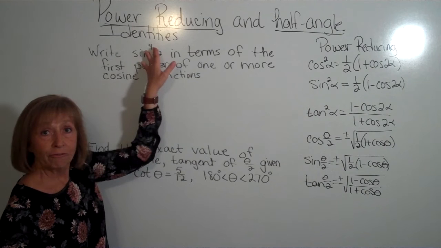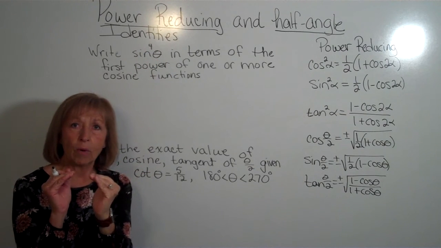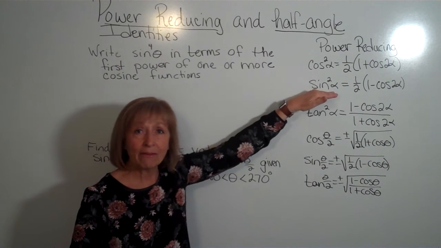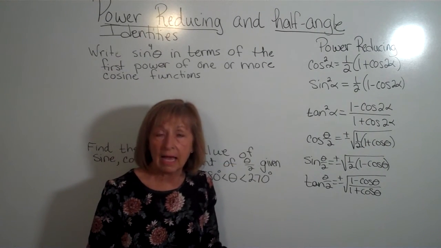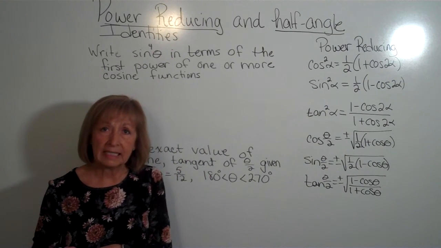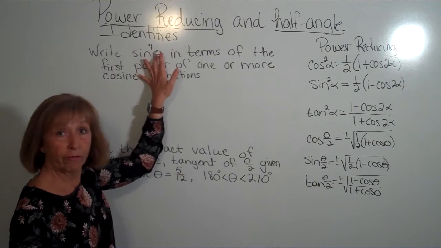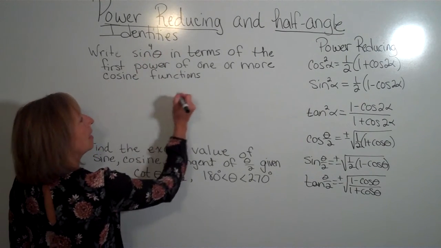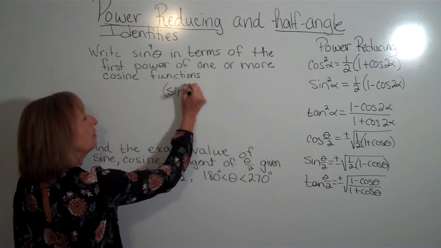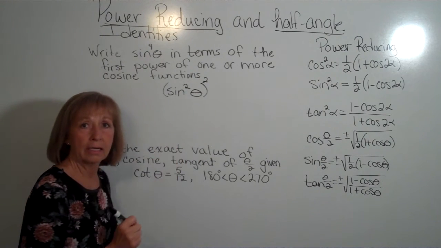Well, this is sine 4th theta, and remember that means sine theta quantity to the power 4. Now I don't specifically have one where I replace for the sine quantity to the power 4, but that exponent of 4 is an even exponent, and I can actually write this power 4 as sine squared theta to the 2nd power.